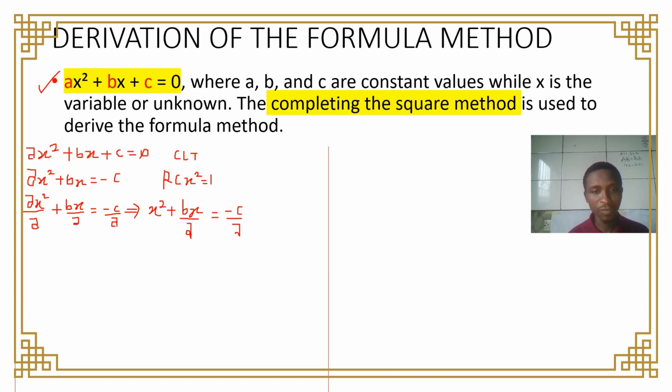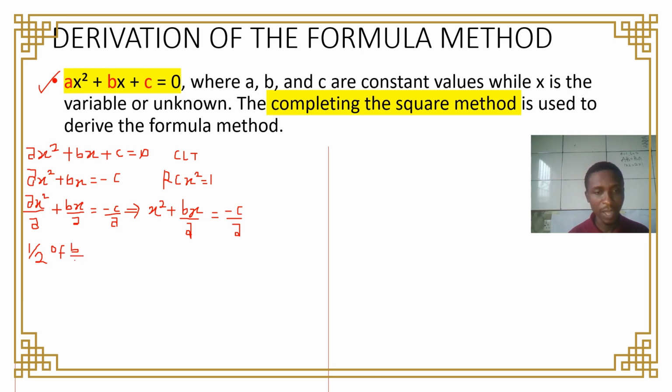So the next thing we have to do now is to find the half of the coefficient of x. The coefficient of x is actually b over a, so that means we are looking for half of b over a.